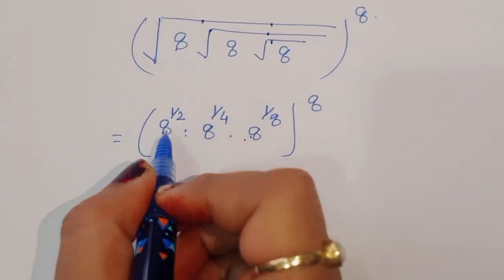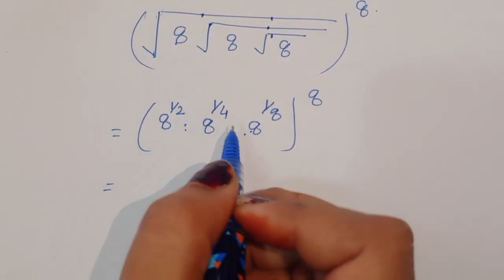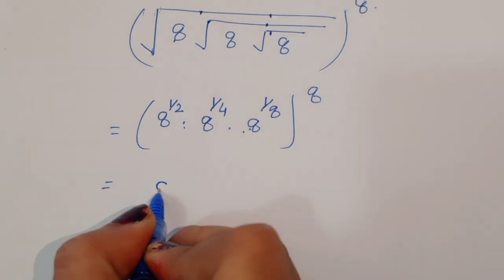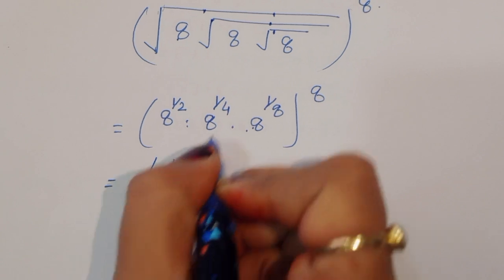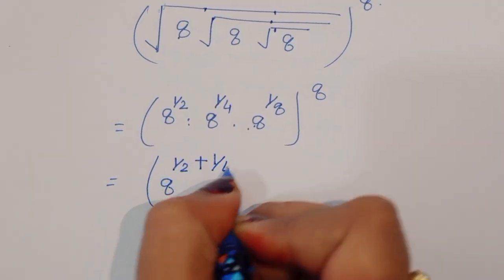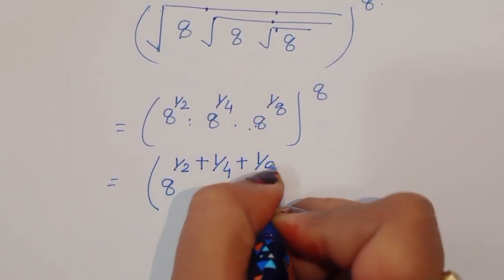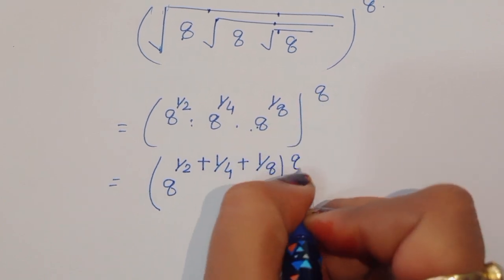Now this is in multiplication form, so when the powers are in multiplication form, we add them. Therefore we can write 8 power 1 by 2 plus 1 by 4 plus 1 by 8, all to the power 8.